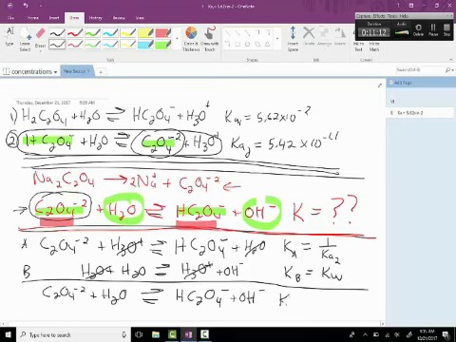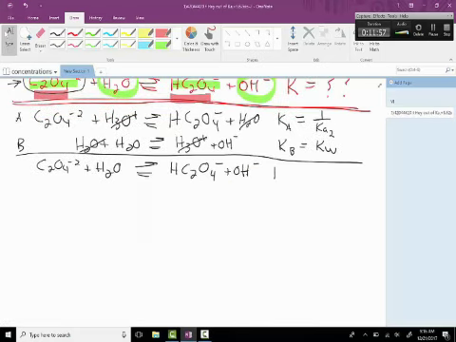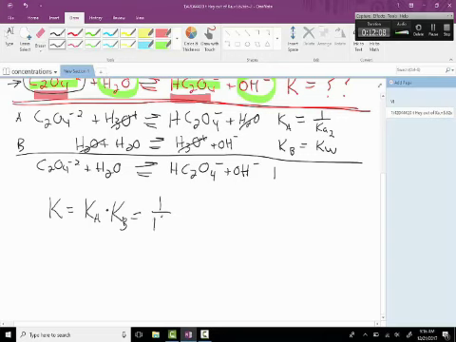And the K for this is going to be K equal K capital A times K capital B, which is 1 over Ka2 times Kw.